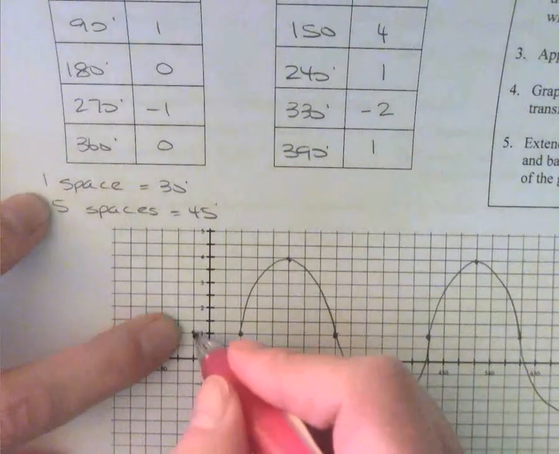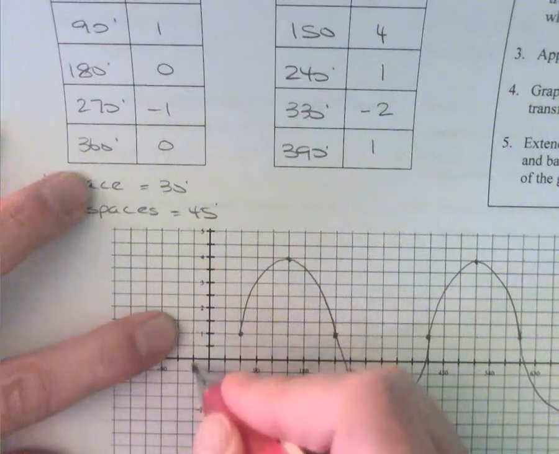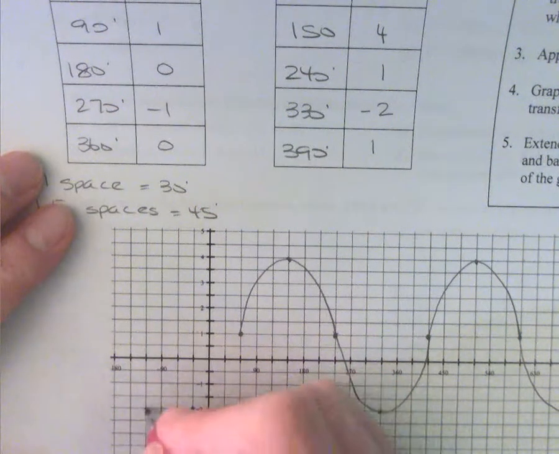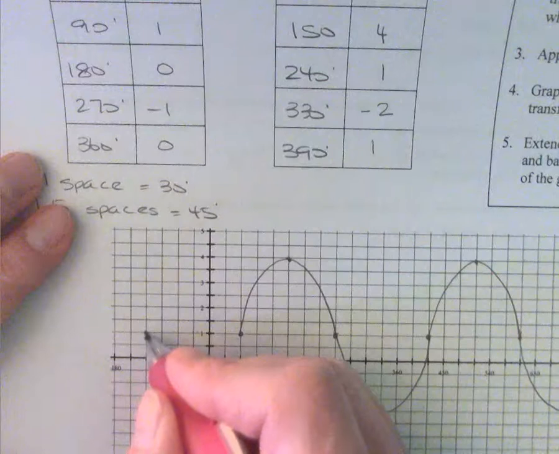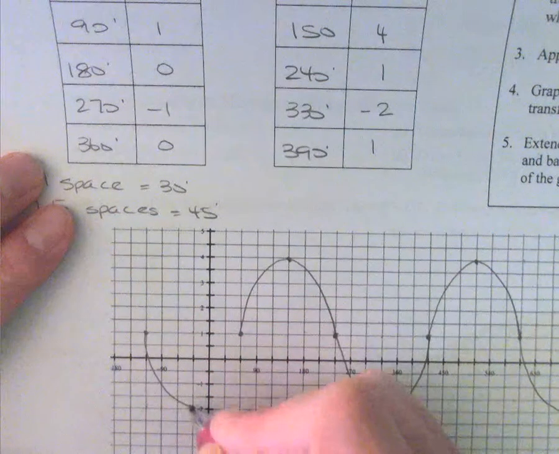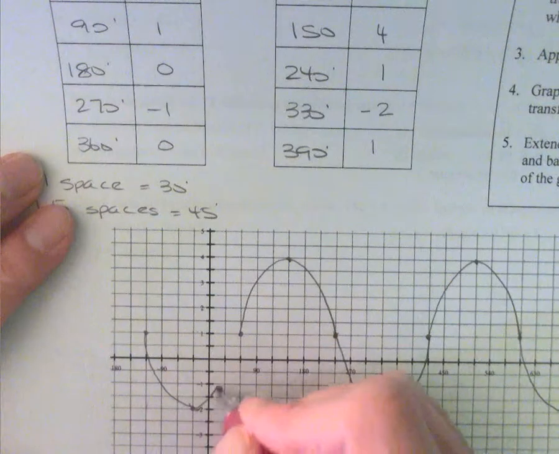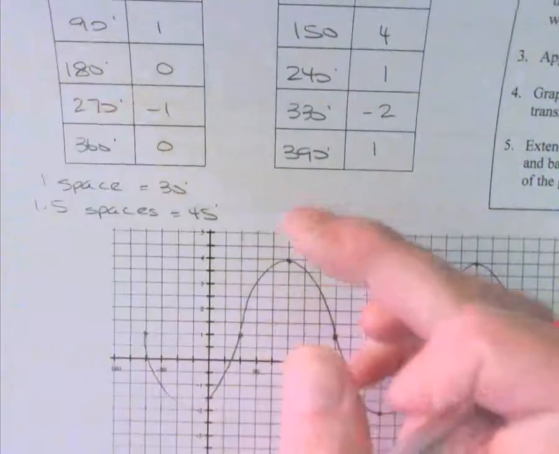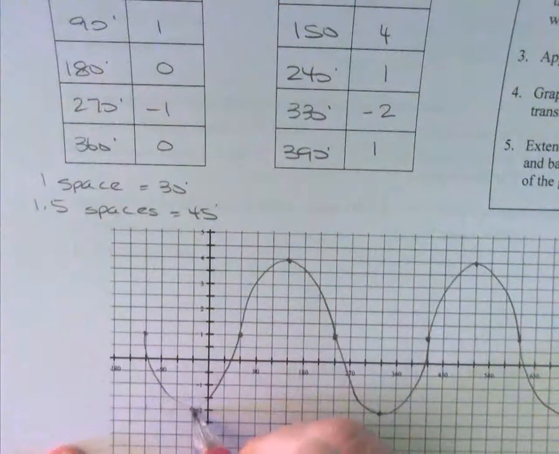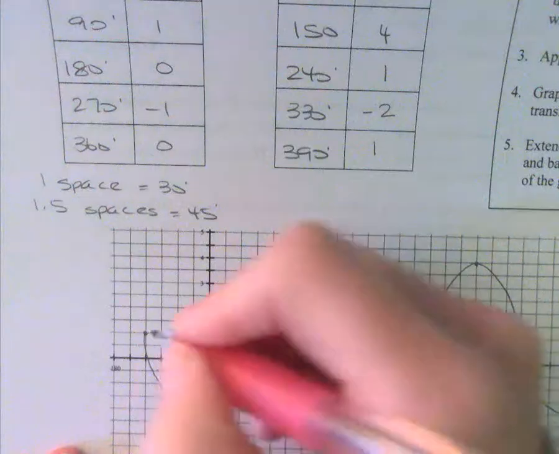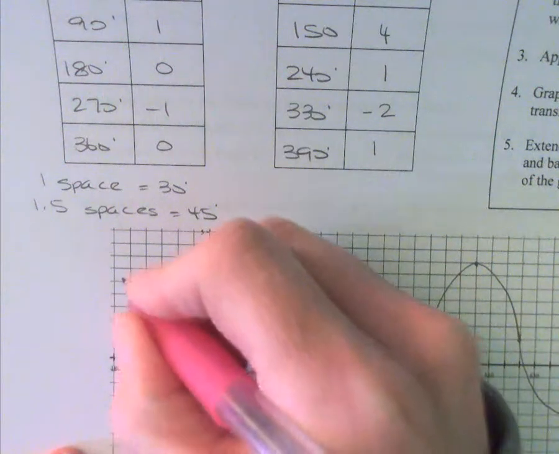Where would I be going? I'm going to go down. 1, 2, 3. I'm going back up. So I'm going to draw this in. And then I would be headed in this direction.